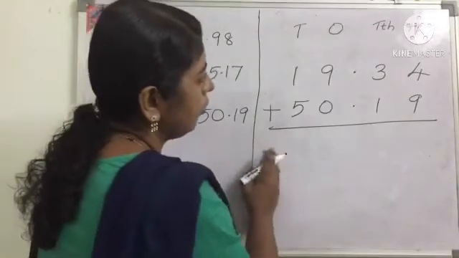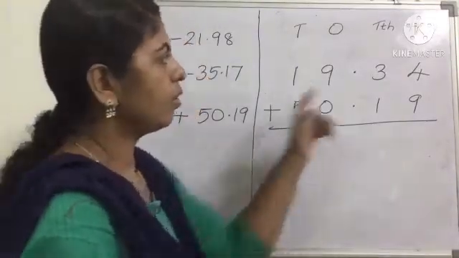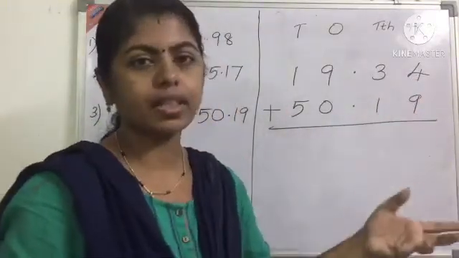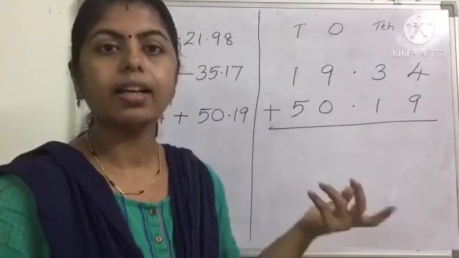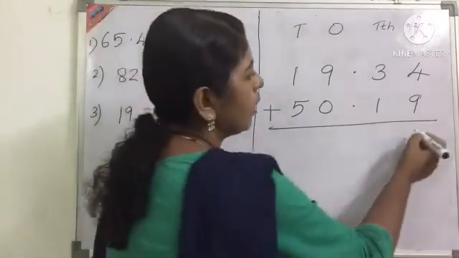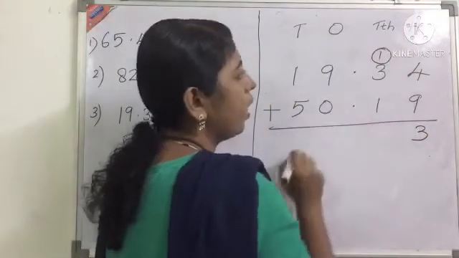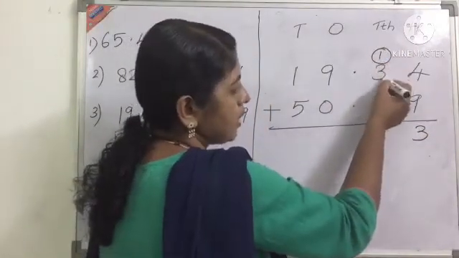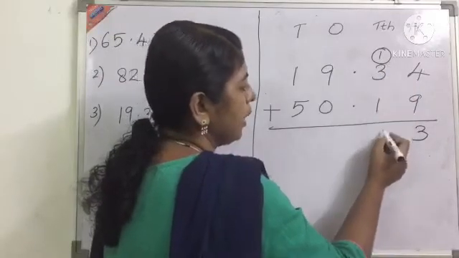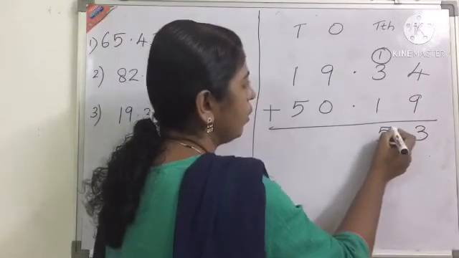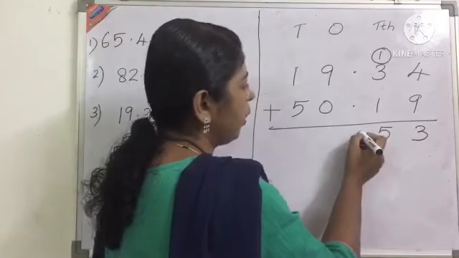Then we can start to add. 4 plus 9. How much is it? 4 plus 9 is 13. So in 13, 3 here and 1 up above. 1 plus 3 is 4. 4 plus 1 is 5. Okay. Then the decimal point.